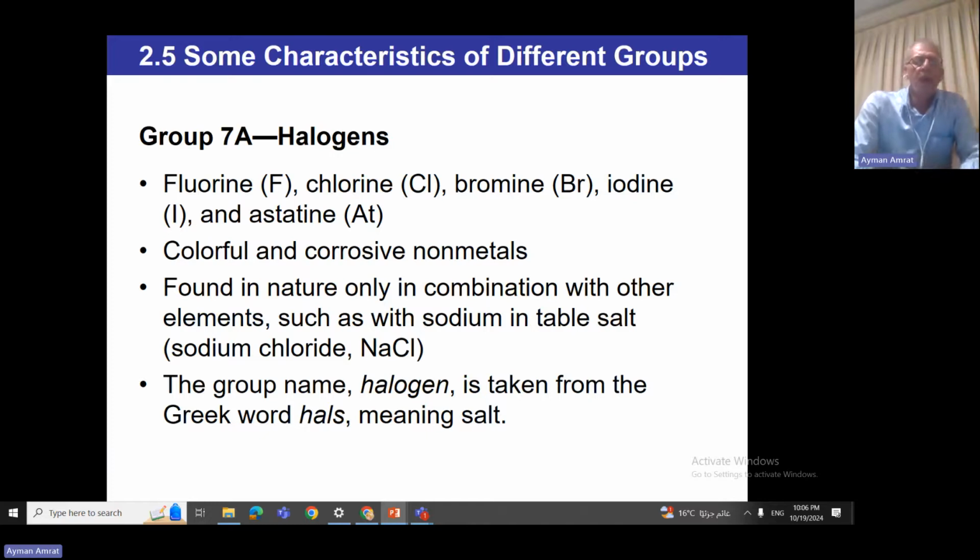The group name halogen is taken from the Greek word halos, meaning salt. These groups form salts with metals. Halogens are non-metals that with metals form salts like NaCl and NaBr. These elements are called halogens.